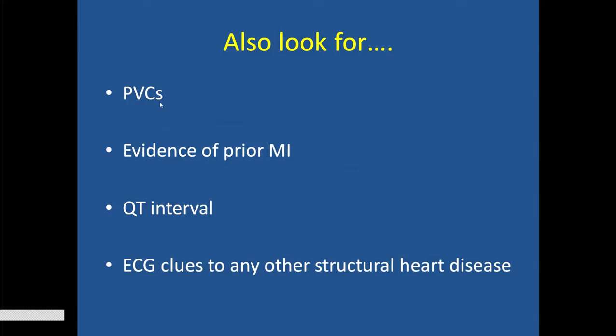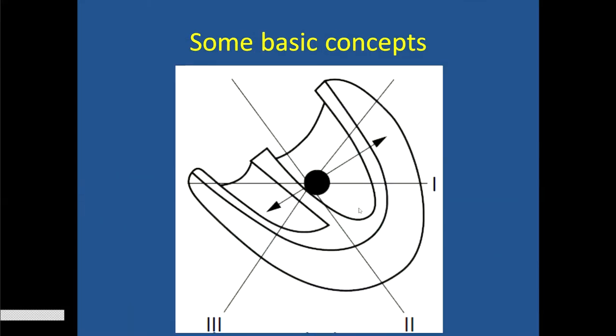Look for the PVCs, that will tell you where it could be coming from. Evidence of previous MI, as already alluded to. Evidence of any other structural heart disease, already touched upon. So remembering the basic concepts, if the VT is towards the septum, then lead 1 will be positive, right? And also the inferior leads, based on whether it is basal or higher up or lower down, can be positive or negative.